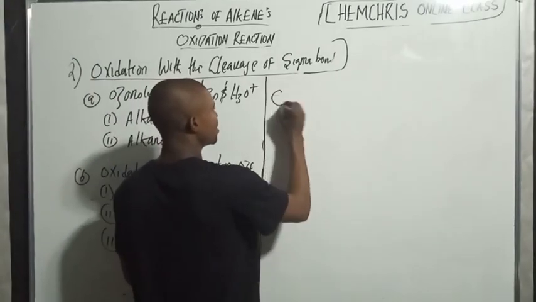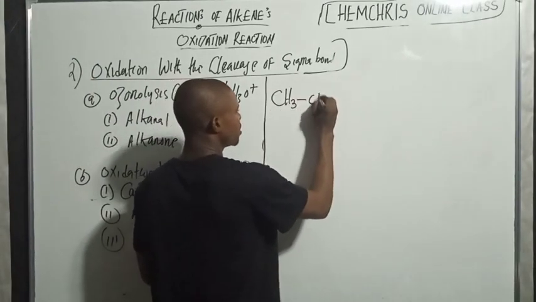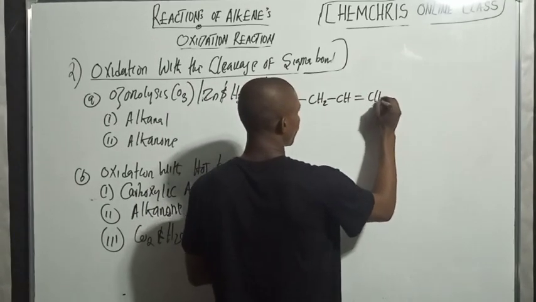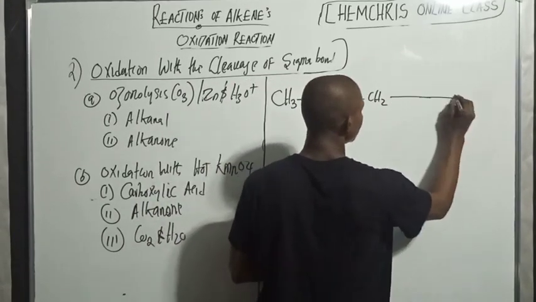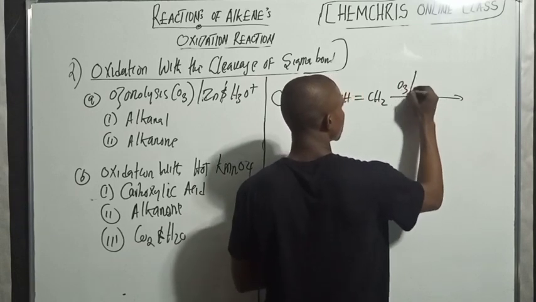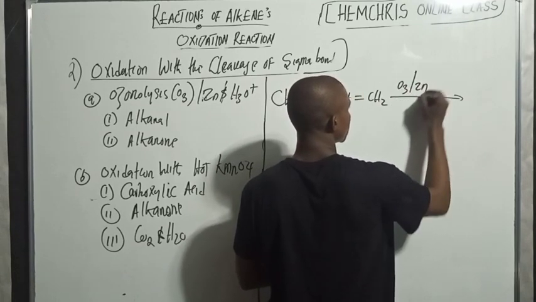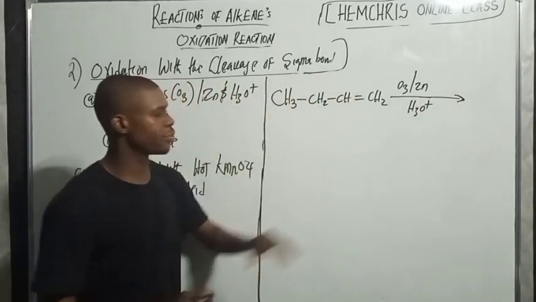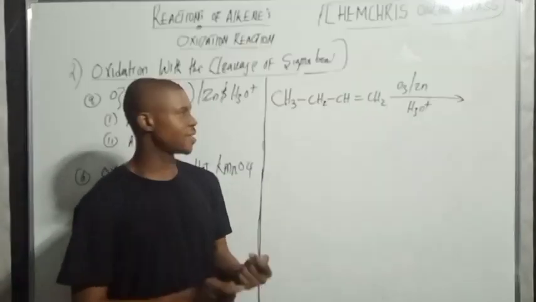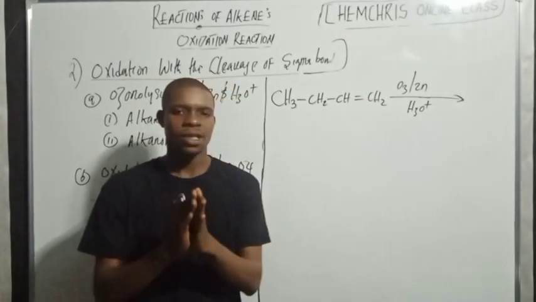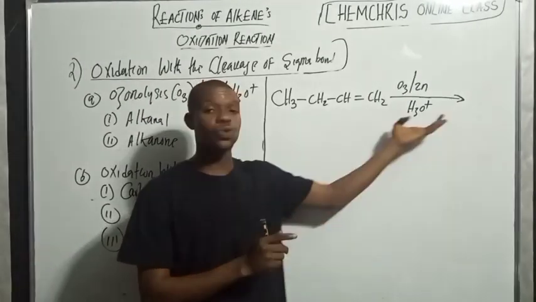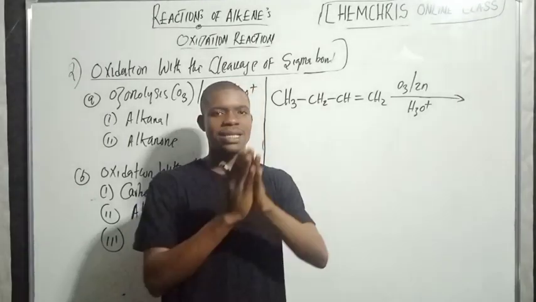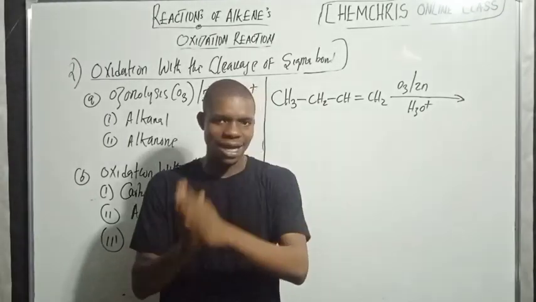Here we have CH3 CH2 C. So now let's look at this example here. Whenever you see alkene react with ozone, understand this here, you can only get two products, either a ketone or an aldehyde.